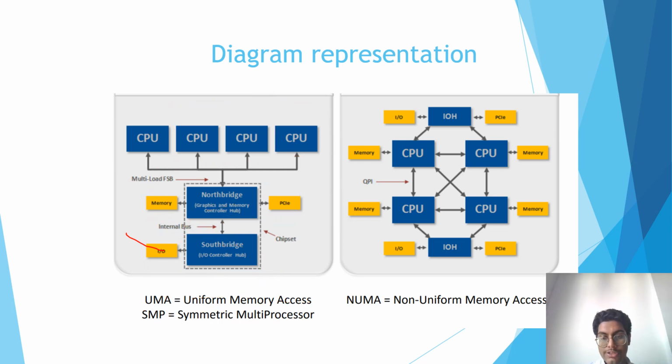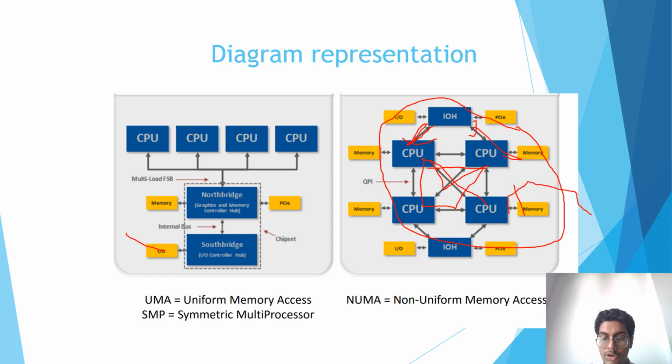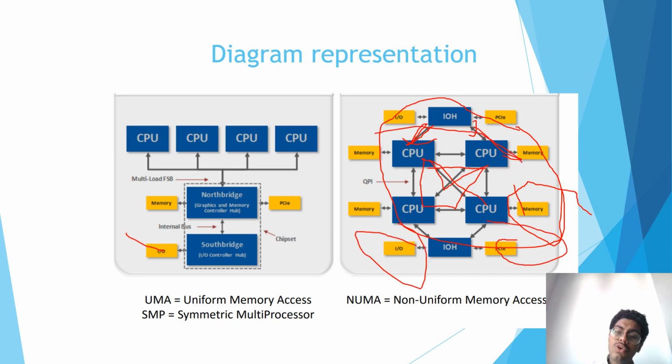But when we come to NUMA, the input output is also given to this CPU, to this CPU, and this CPU is also connected to this one. Then this one like this, and from this it is connected. All the CPUs are interconnected. Their memory is local memory, as I told about local memory. This is the PCIs, this is input output. So it is more complex.